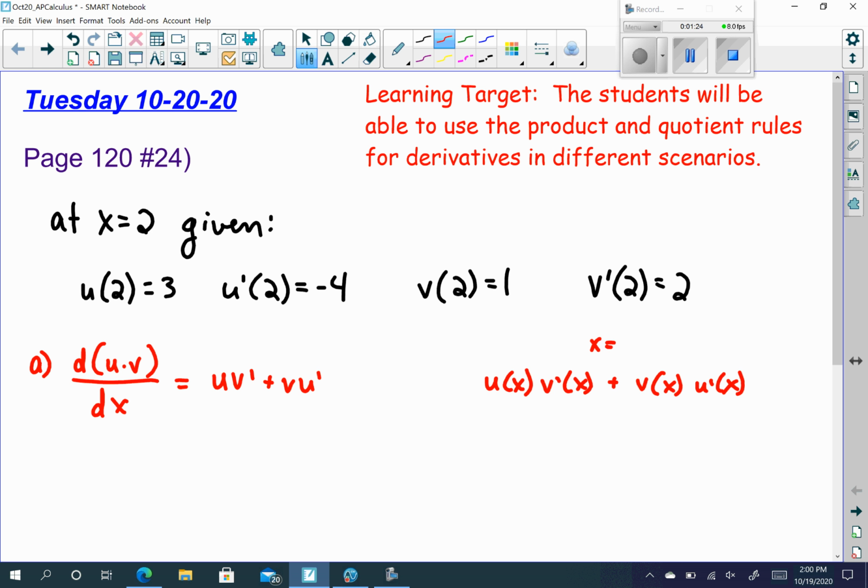And again, here x is equal to 2. So when I go to write this, I'm taking u at 2, u at 2 is 3, times v prime of 2 is 2, plus v of 2, which is 1, and u prime of 2, which is negative 4. So I'm going to get 6 plus a negative 4, which will just give me 2.